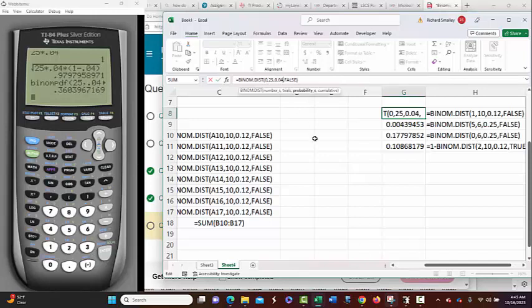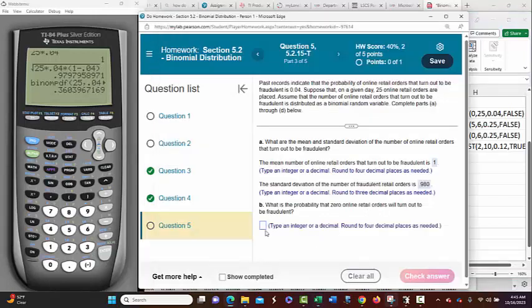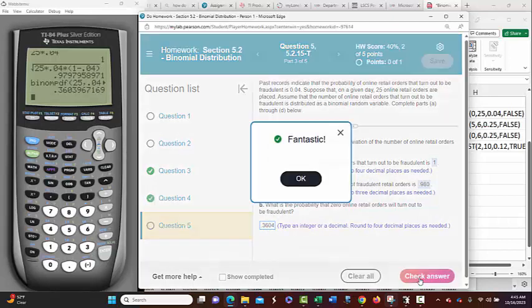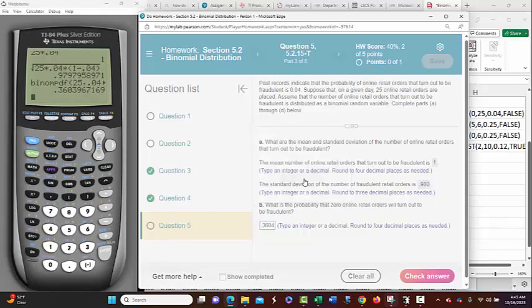And false. So let's look at that cell compared to the calculator. Looks good, doesn't it? 3604. Beautiful.